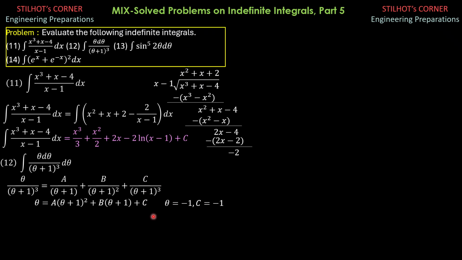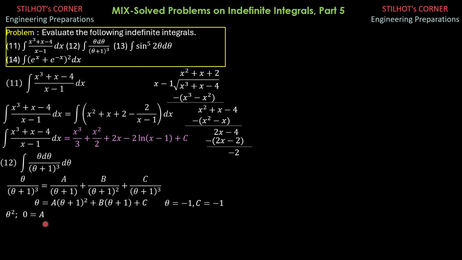Next, we equate coefficients of theta square. In the right side, we only have A as the coefficient of theta square. So 0 in the left side equals A, so A is 0.